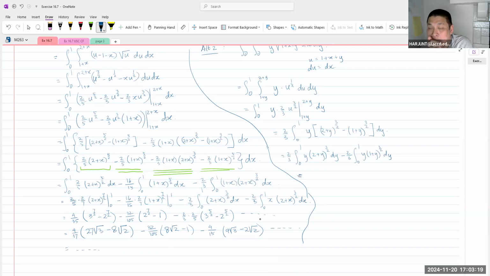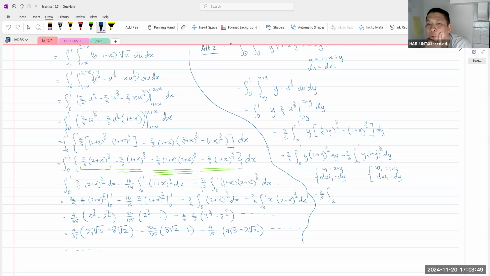So I will call this w1, that's 2 plus y, and my w2 will be 1 plus y. So dw1 is dy, and dw2 also equals dy. But then what happens with the limits of the integral?